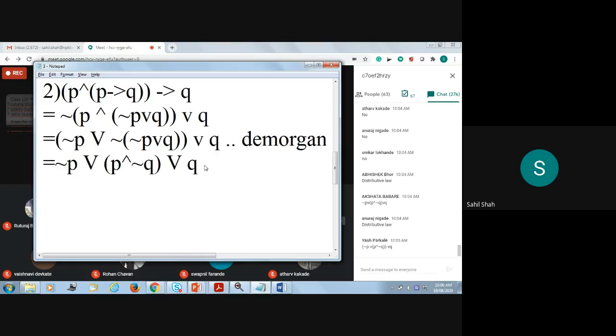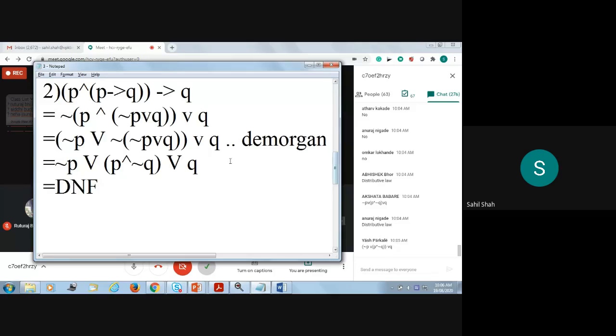So this is in DNF. There is no need of placing a bracket. If you put a bracket, it will create ambiguity. Disjunction is present, perfectly fine without a brace. This bracket should not be present.